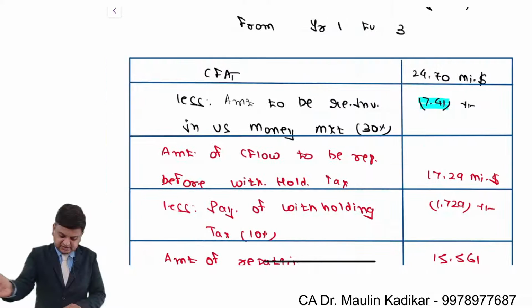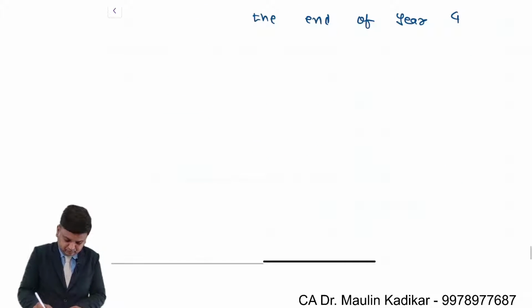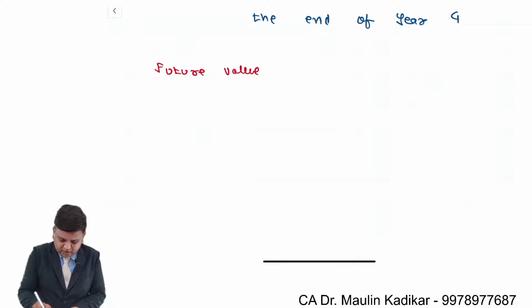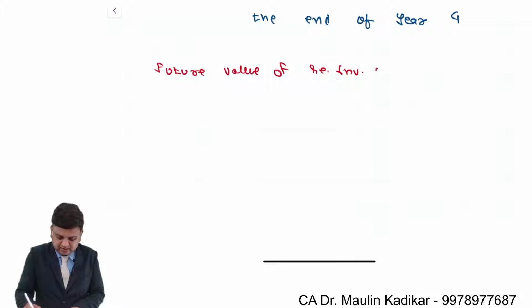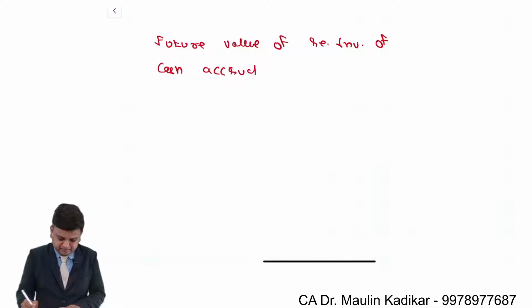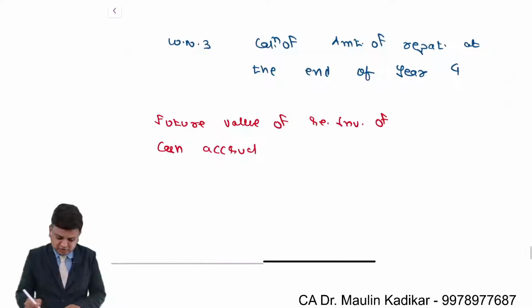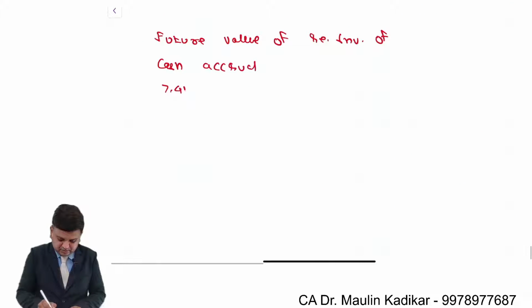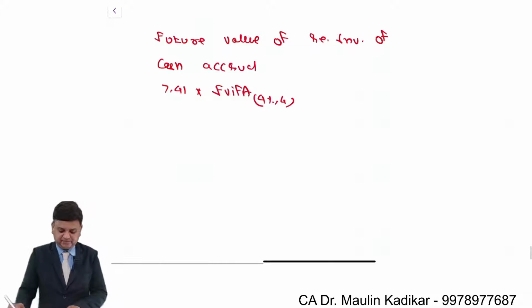So we understand like this: future value of reinvestment of cash accrual. So it is 7.41 into FVIFA at the rate of 4% for 4 years.